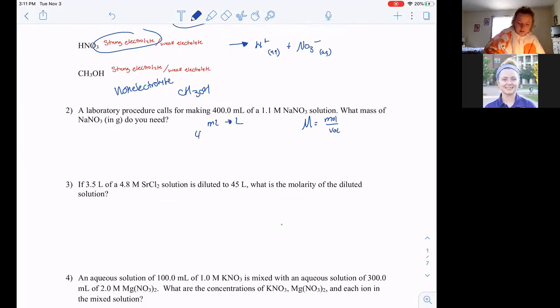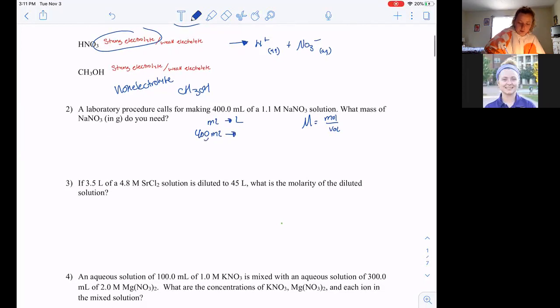So 400 milliliters to liters, you move it 1, 2, 3, you divide by 1,000. So it's going to be 0.4 liters.